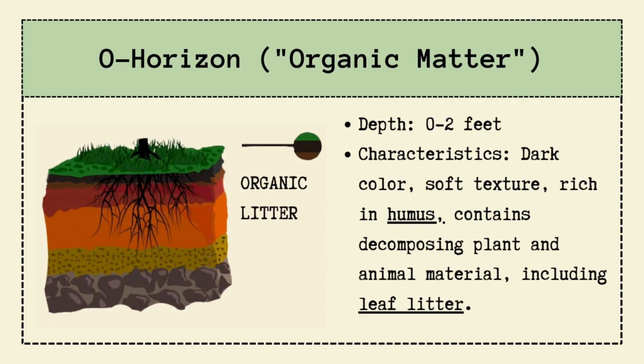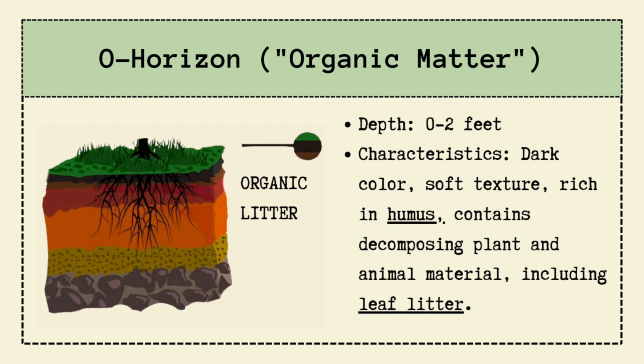Here is the O horizon, or organic matter. The depth of the O horizon is 0 to 2 feet. The characteristics are dark color, soft texture, rich in humus, and it contains decomposing plant and animal material, including leaf litter.